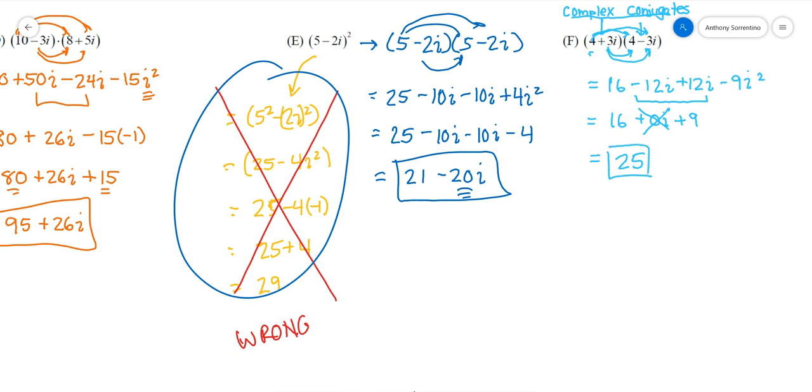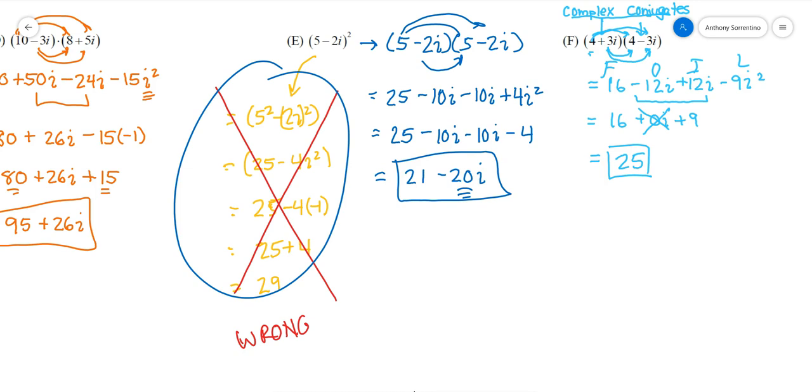Something very similar to this will happen with all complex conjugates. If I multiply complex conjugates together, what ends up happening is this inner part, the O and the I part of the foiling process, are always going to cancel out.